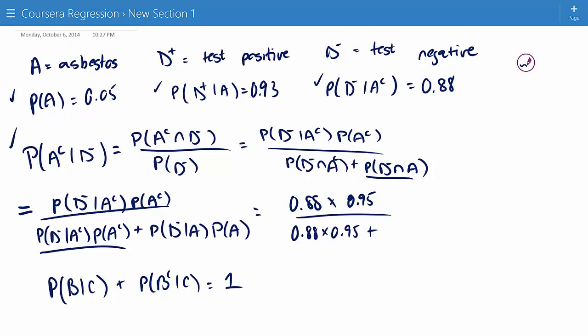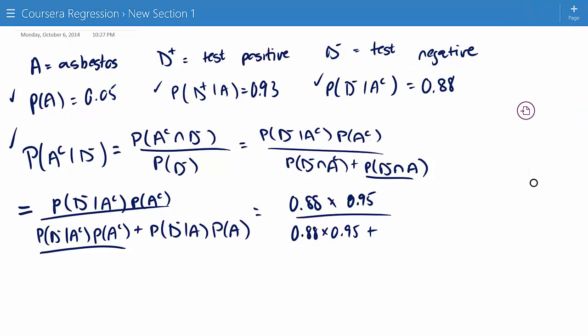The way to think about this is, when I condition on something like C, the probability works like a normal probability as long as everything is conditioned on C. So the probability of B plus the probability of B complement equals 1, just as it would if I didn't condition on C. If I condition on C and keep C in every probability, all the same rules of probability apply. And that's an easy trick you can use to calculate conditional probabilities so you don't get tripped up.